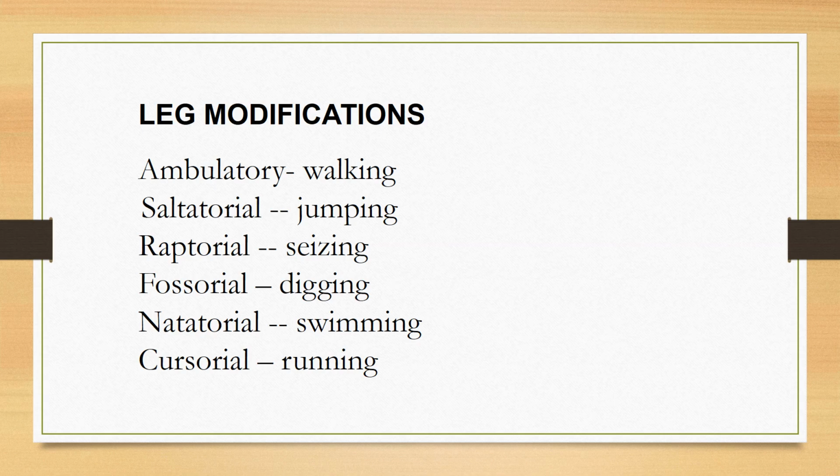Raptorial legs are for seizing prey, and fossorial legs for digging. In mole crickets, the first pair of legs are fossorial legs for digging the soil. Natatorial legs are for insects living in water, helpful for swimming, and the cursorial type is for fast running insects like the cockroach.